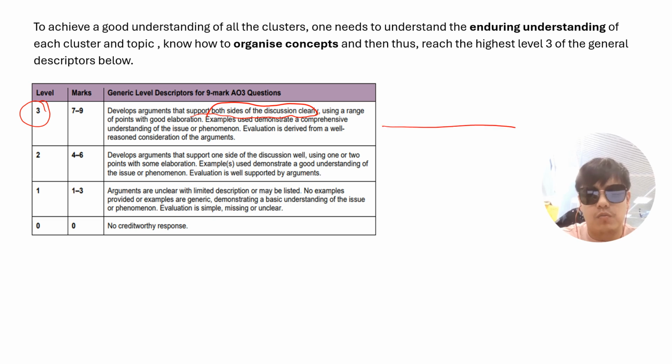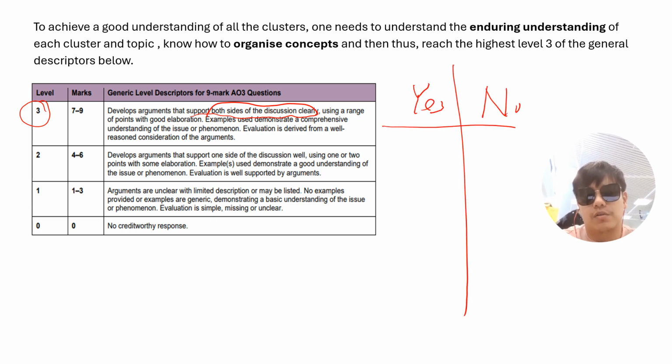And that is one of the reasons why I always ask my students to do the cross and the yes and no, because you need to have both sides of the discussion to satisfy this criteria. Next, you need to use a range of points with good elaboration. Therefore, most of the time I will teach my students, you need to have PEE. Examples must be used to demonstrate a comprehensive understanding of the issue, so PEE.